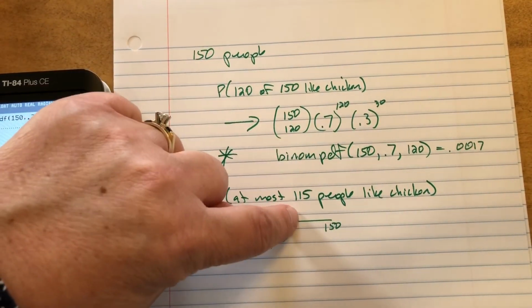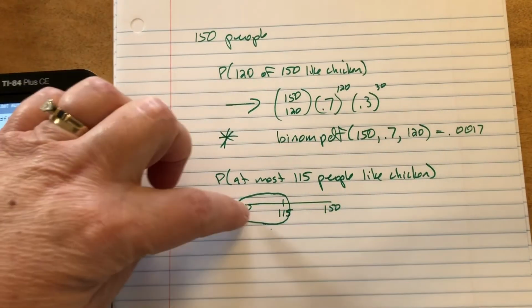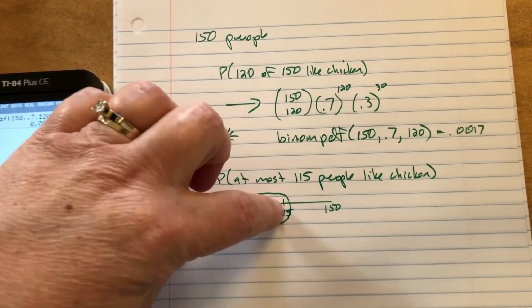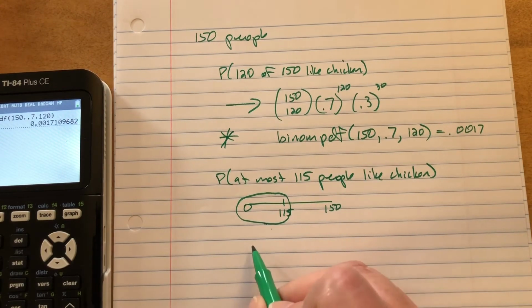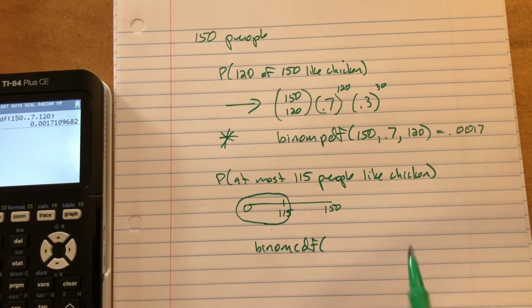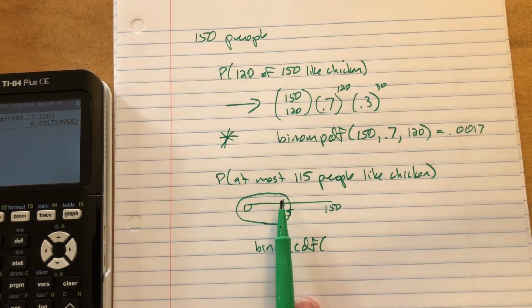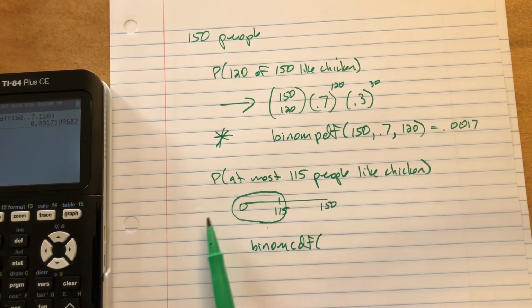I know the one for 120 over here, but that's not going to be in this group. That would take forever, doing 116 individual probabilities. So I'm going to use my Binomial CDF that's going to accumulate from the probability of 115 out of 150 all the way down to 0 out of 150 and everybody in between.